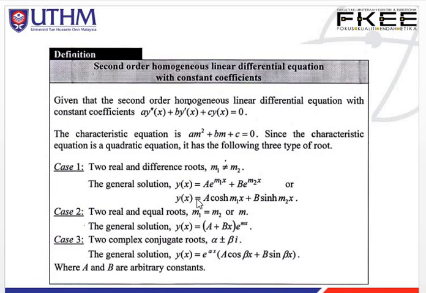The general solution is y equal to a plus b x, exponent m x. Since m is the same, we only need to write one value. Okay, that's it for determining the case of the homogeneous differential equation.